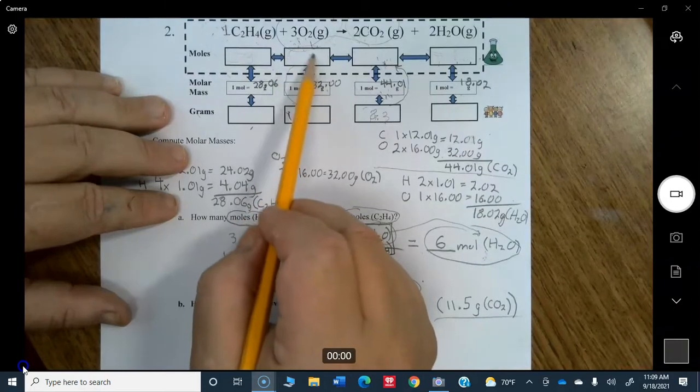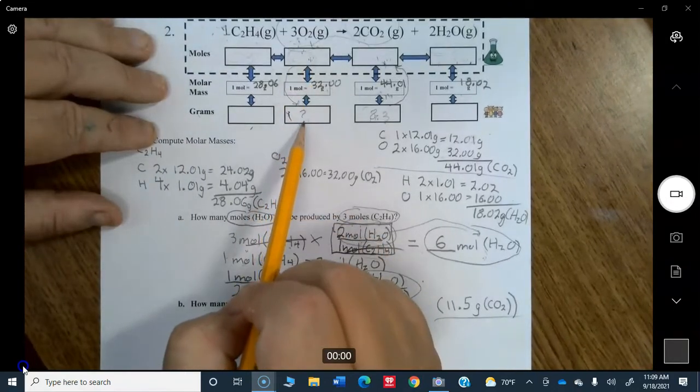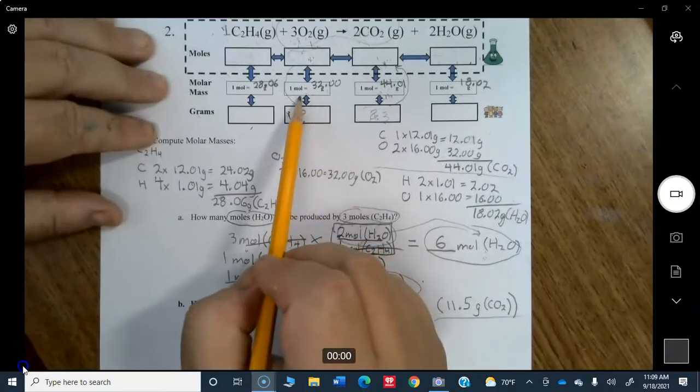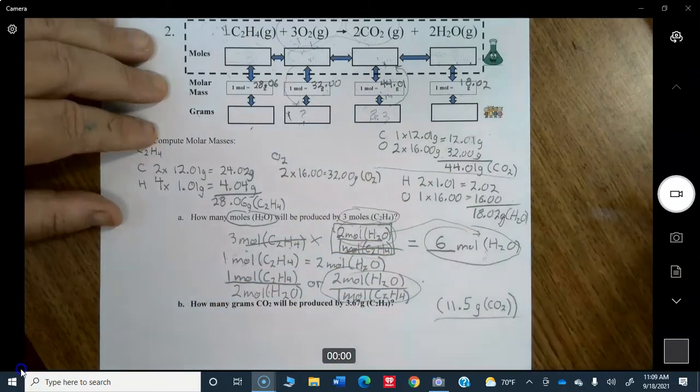We need to get from moles of O2, that's a number of particles, into the mass, into its weight. We use the molar mass. 1 mole O2 equals 32 grams of O2. Okay, and I'll be done pretty soon.